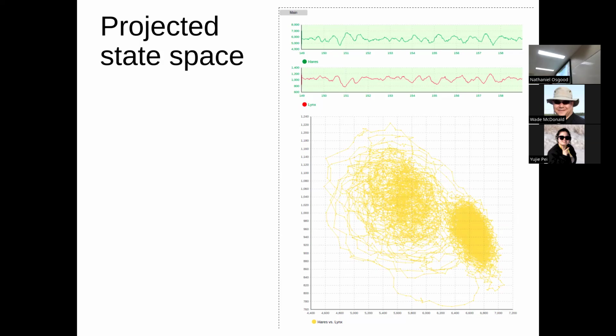But if we look at the state space, if we were to summarize up a version of the state space, so we had a count of hares and a count of lynxes on the x and y axes respectively, what we would see is not dots all over the set of possibilities, all possible counts of lynxes with all possible hares.